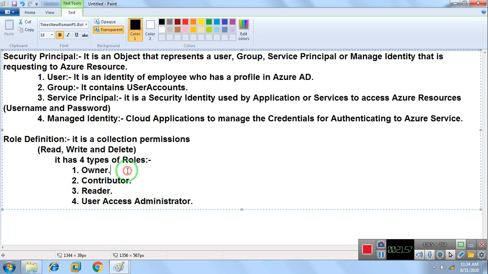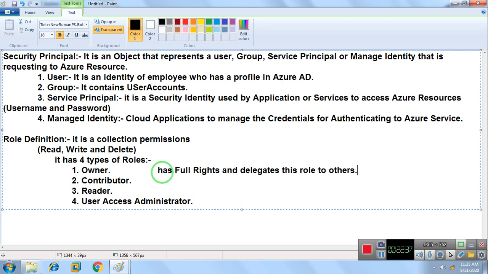Administrator. So if I make someone an Owner, what does it mean? If I have a user, I can provide the Owner role to a particular resource. It means the user has full rights to do anything on that resource, and he can delegate this role to others also.